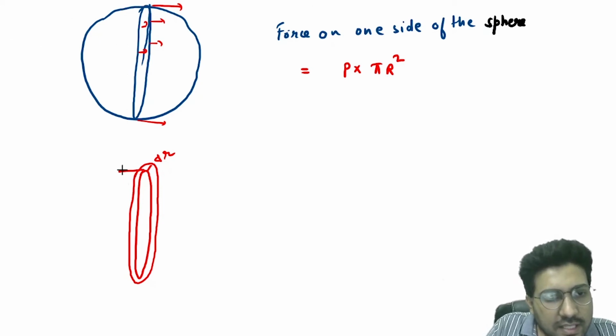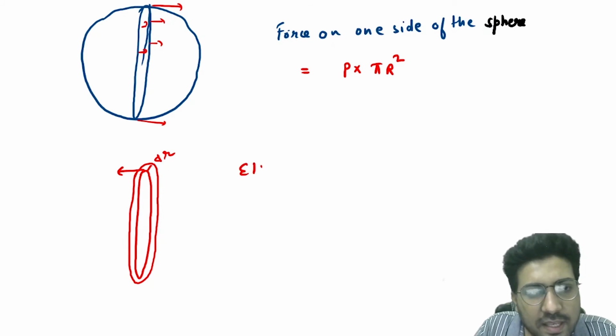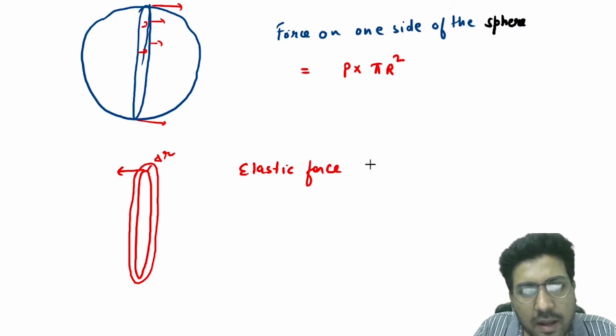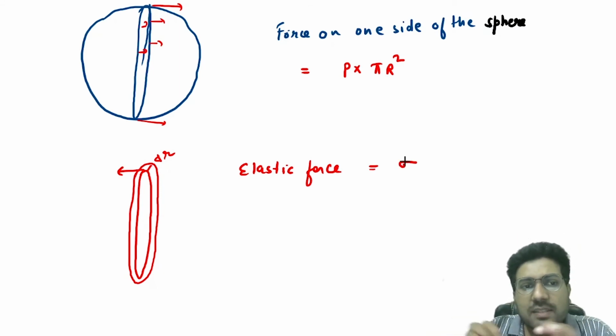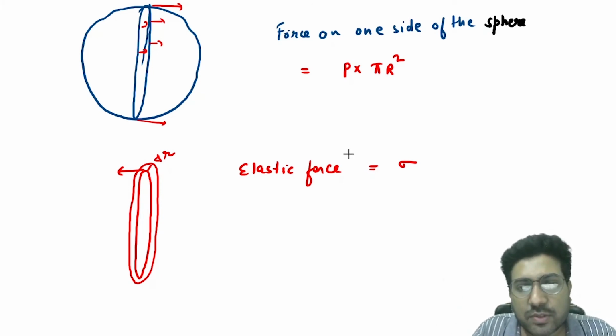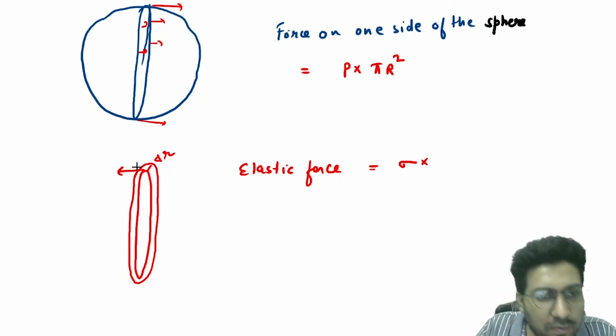So I will say that the elastic force will be sigma. Sigma is the maximum stress. Because we are asked to find the maximum pressure, I am writing the maximum force that can be given by the elastic force. So sigma multiplied by area. Now what will be this area?